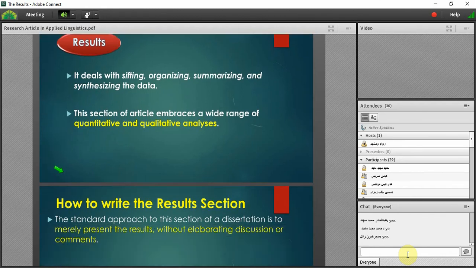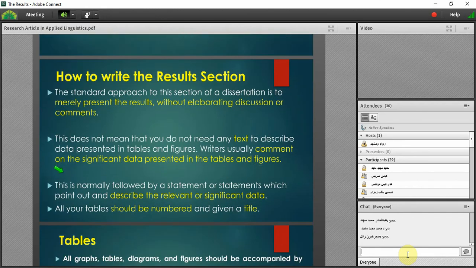Okay, so remember, in the results section, there is no need to discuss the findings. Just present the results, okay? Without elaborating discussion, without commenting. But you need to add some text before or after the tables. For what purpose?